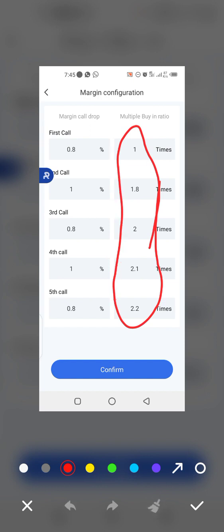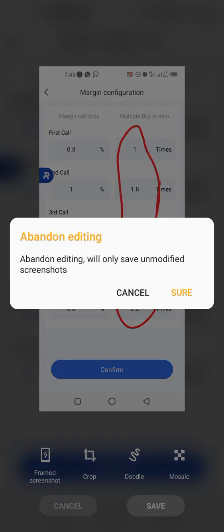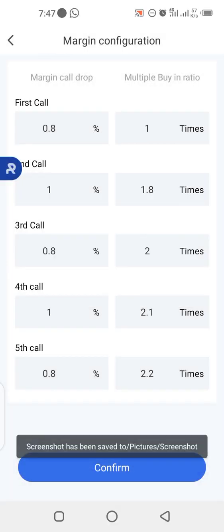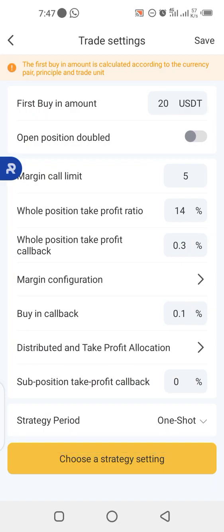Or you can use the Fibonacci, which is 1 plus 2 is 3, so you put 3 here. Then 2 plus 3 equals 5, you put 5 here. Then 3 plus 5 equals an 8, and put it here. That is the Fibonacci. So that is how you set up your trades. Then you confirm here, then you save.